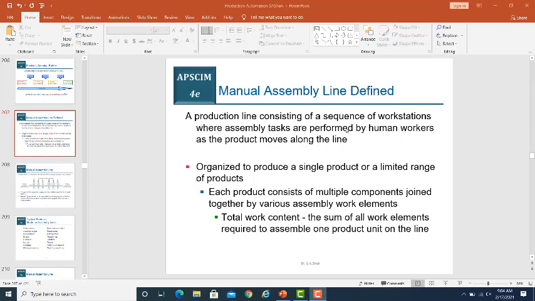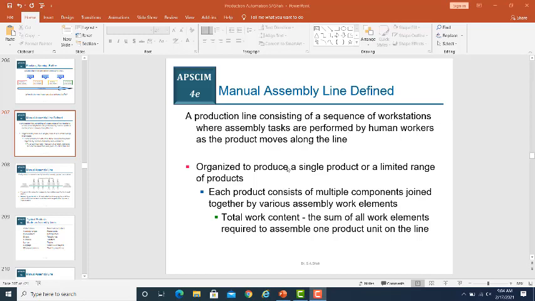That base component is launched into the system and goes to the first workstation, where subassemblies are assembled on that basic frame structure. Then it moves forward to the next station, where some more sub-assemblies are assembled to the base part. And finally, you get a full-fledged assembled product.